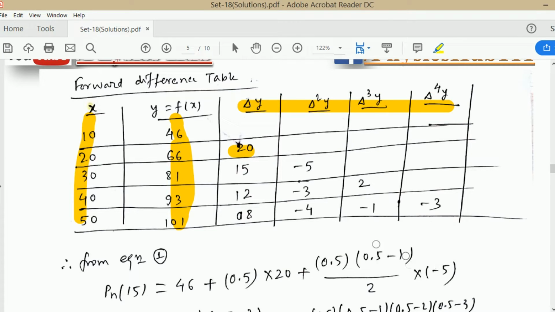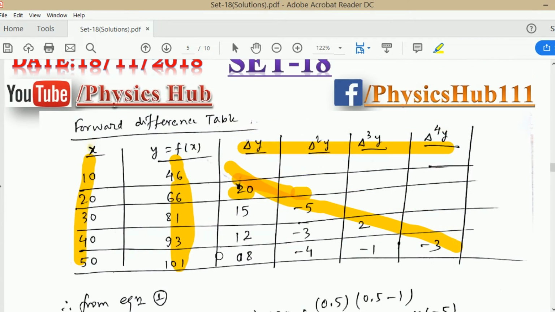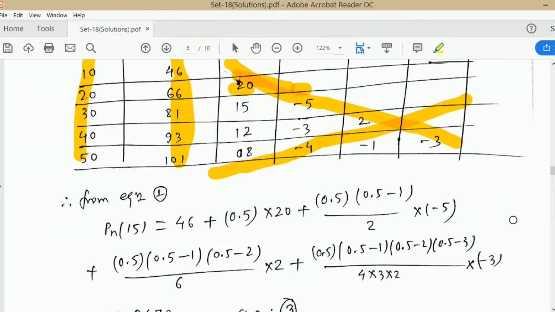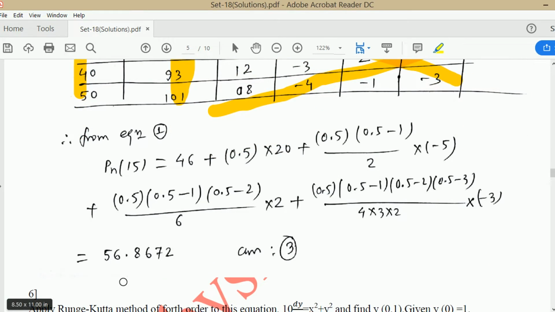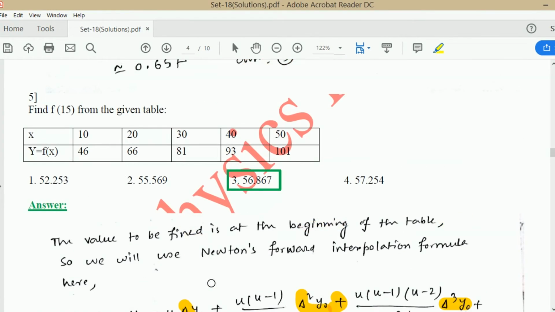When applying Newton's forward interpolation formula, the values we take are like this: 20, then minus 5, 2, and minus 3. When applying the backward interpolation formula, the values will be taken from the lower portion. Upon applying the values, you will get 56.8672, and it is matching with option 3.